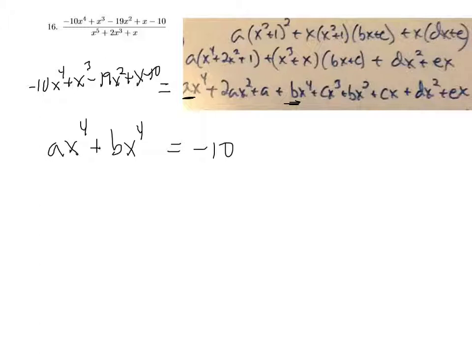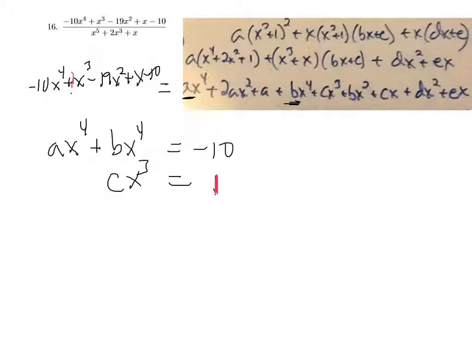And then for the x cubed term, which has a coefficient of 1 right there, I'm only seeing this single cx cubed. That's what I kept matching up and lining up.